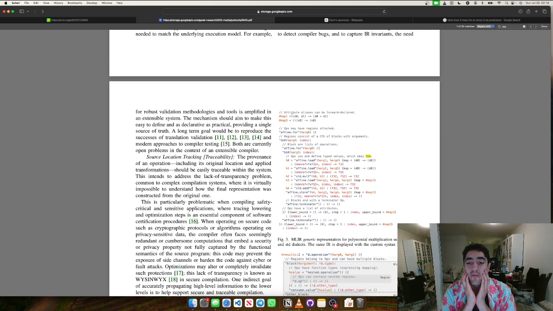Block or list of operations. Affine 4, argument 0, BB 0, argument 5, to index. For operations use and define typed values which obey SSA.